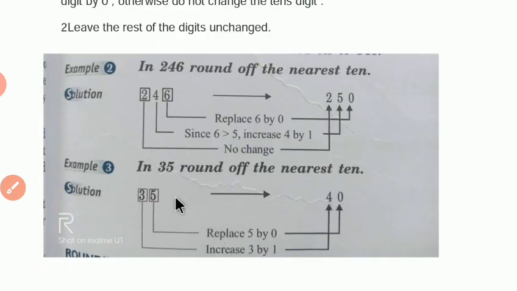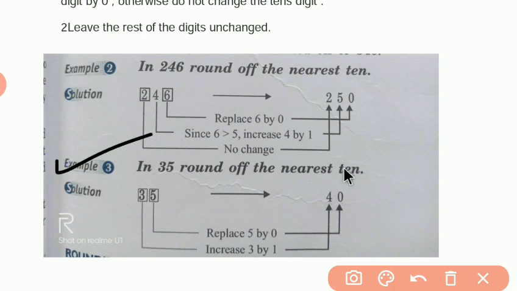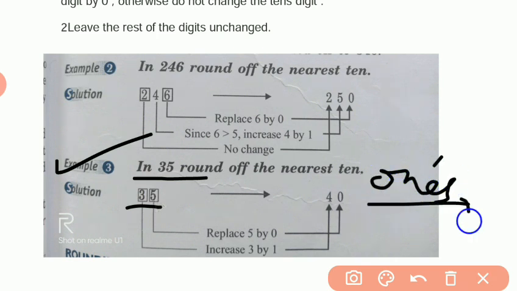Let us see the second one. Round off 35 to the nearest 10. Rounding off to the nearest 10 means the number near 35 should have 0 at the end. Directly also you can say that 30 and 40 are both the nearest tens numbers. First you see the ones digit. Your ones digit is 5, and according to our rule, if the ones digit is 5 or more than 5, then you have to increase the tens digit by 1.